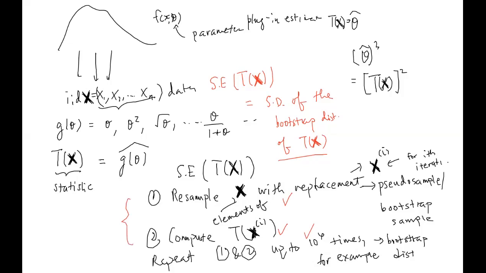And basically the estimated bias is given by the mean of the bootstrap distribution, subtract G of theta hat, okay?